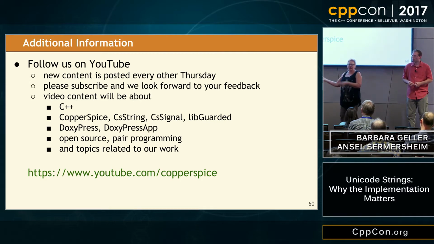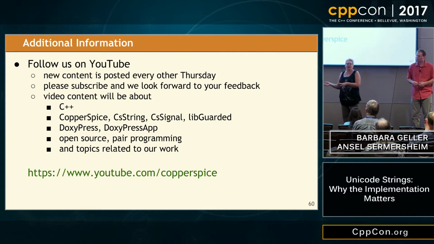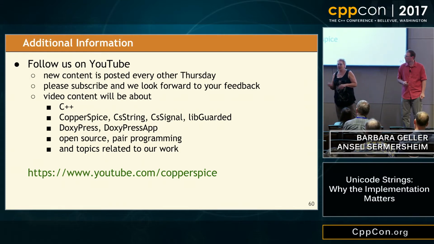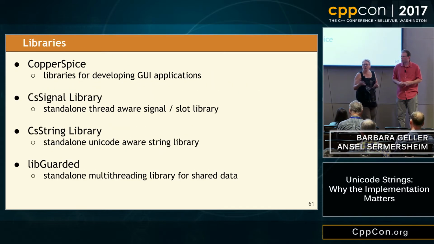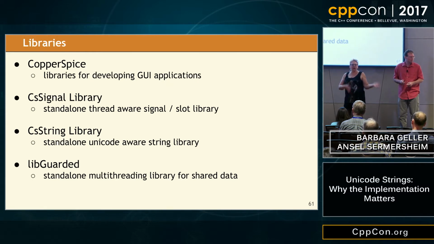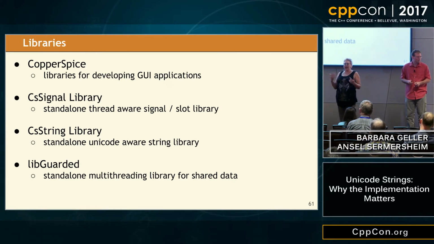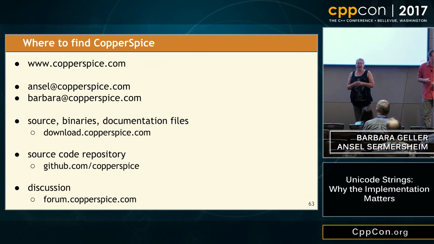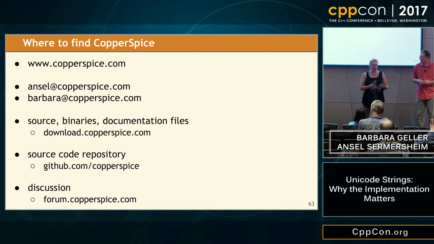So we have these three separate BSD libraries, and we have CopperSpice, and we have DoxyPress. We also are thinking of some other things we want to do, but we're trying to keep the number of projects down to just this because we think we have enough. We're on GitHub. We have a website that has a form where you can download any of our source. Everything is open source. Everything we can BSD, we do.